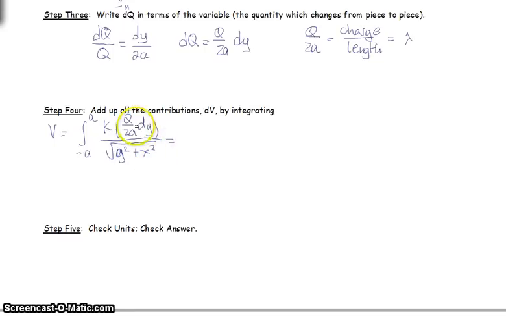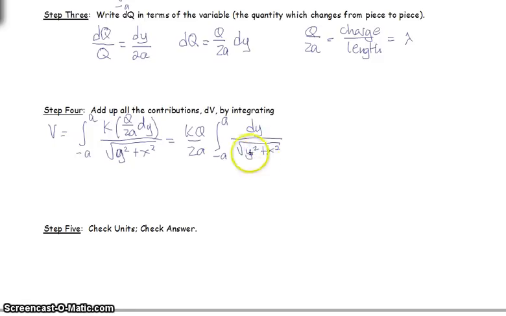And now what I'm going to do is factor out everything that's a constant. k doesn't change from slice to slice. q doesn't change from slice to slice. 2a doesn't change from slice to slice. So I can pull that out: kq over 2a times the integral from negative a to a of dy over the square root of y squared plus x squared.